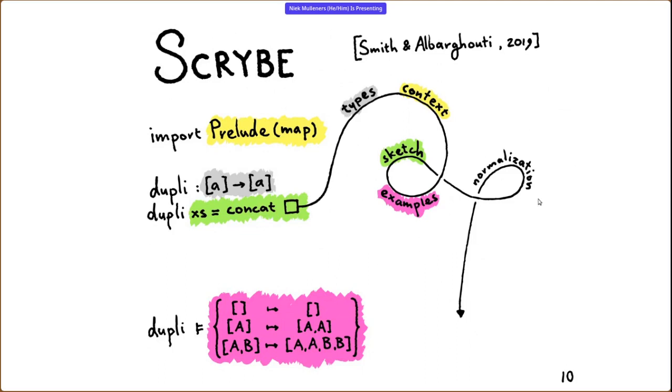So we only want to generate normalized programs, and for that we use a technique similar to program synthesis using equivalence reduction, as introduced by Smith and Albarghouthi.